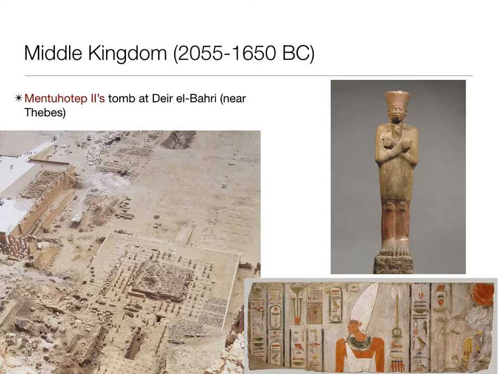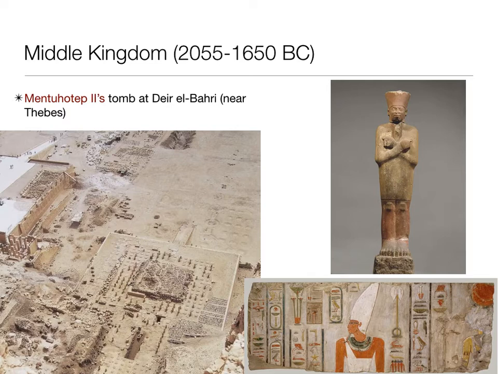Later on, we'll talk about Queen Hatshepsut in the New Kingdom, but you can see her monument on the left. She built her mortuary tomb very close to Mentuhotep's, because he's still remembered for a long time as a great leader. Here are some statues of Mentuhotep. He's got pretty big feet, apparently.